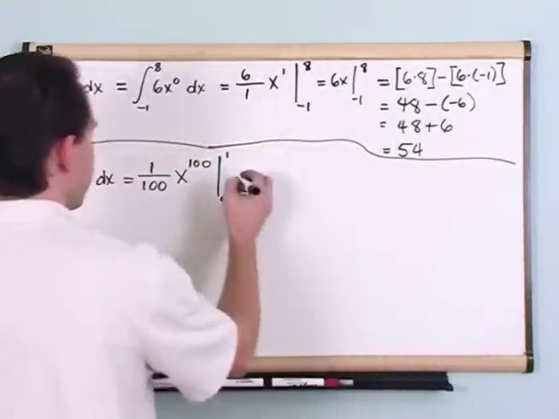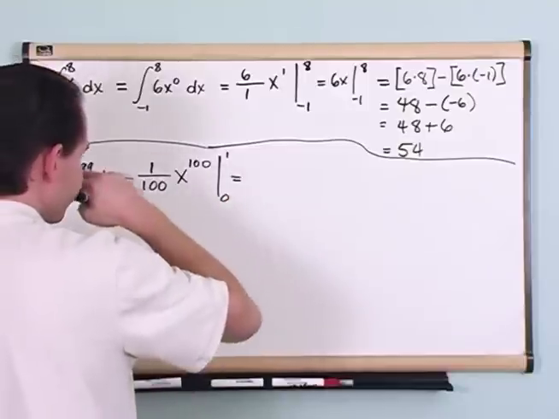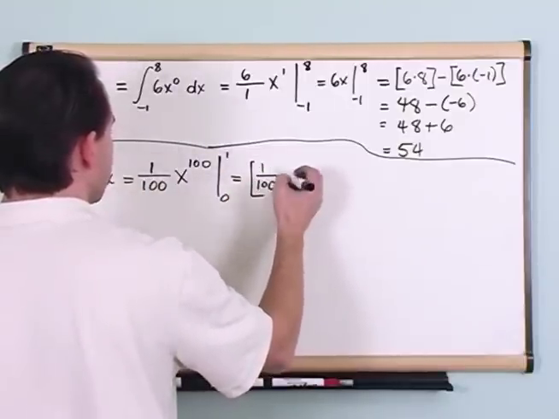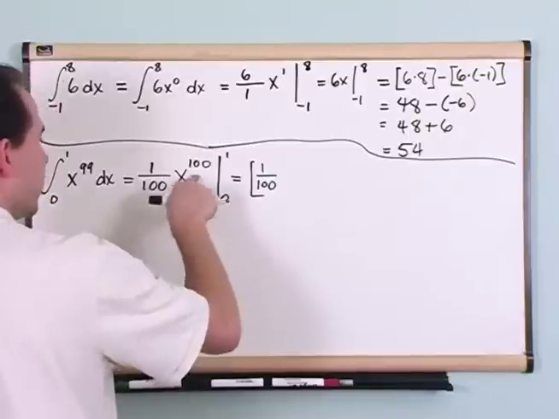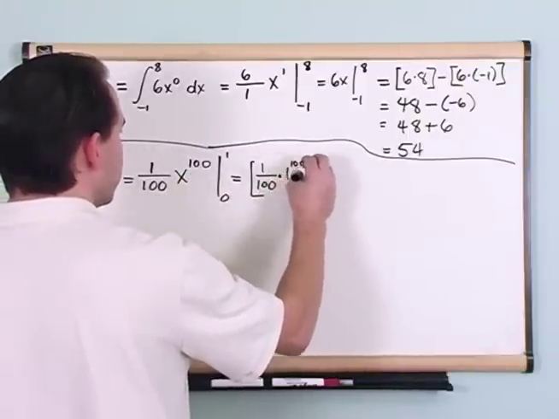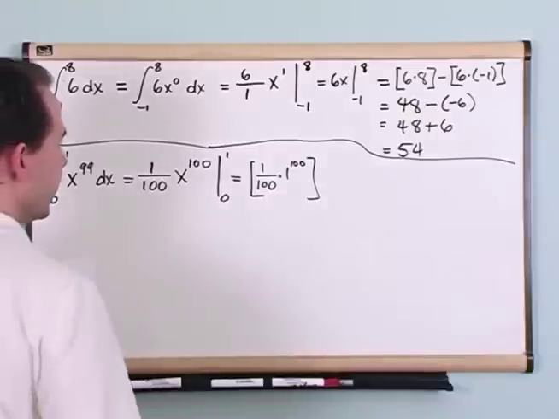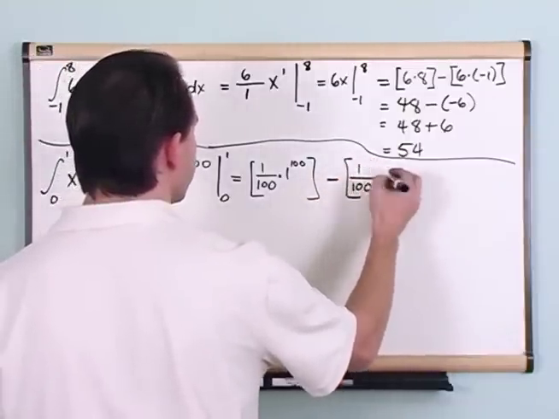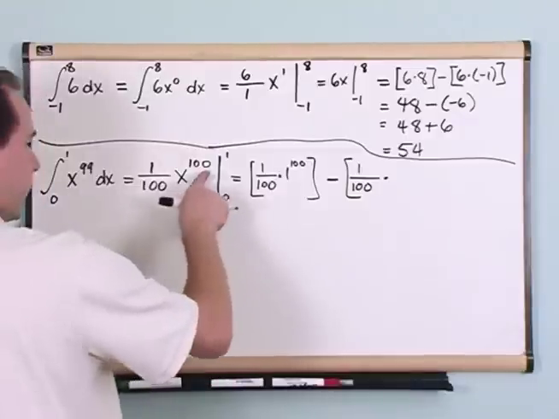So this is going to be 1 over 100 times 1 to the 100th power, big surprise, you know that's going to be a 1 in the end, minus 1 over 100 times 0 to the 100th power.